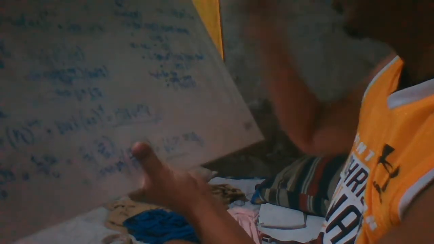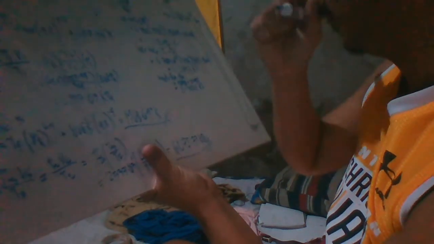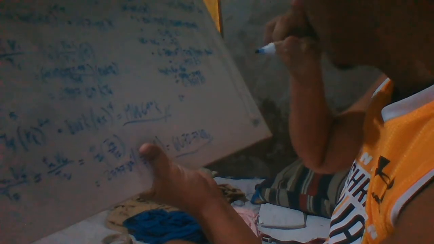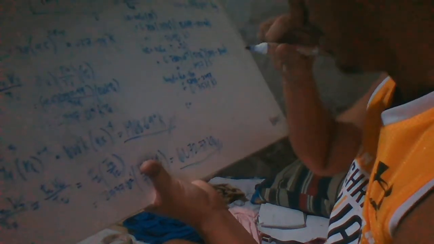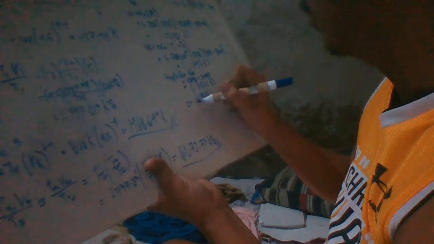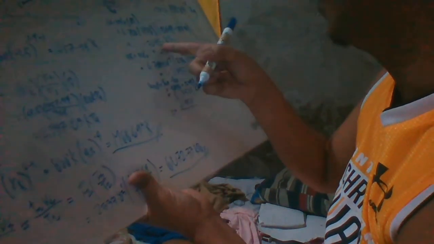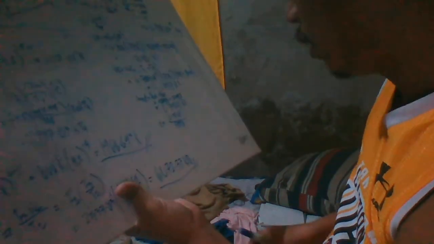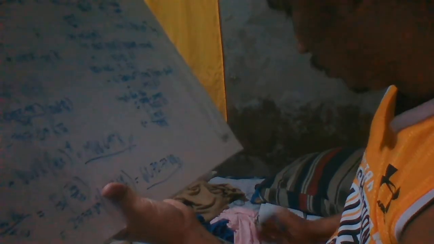So we will now solve the efficiency. Efficiency is equal to work net over Q added. So 0.3501 over our Q added, 0.5898.